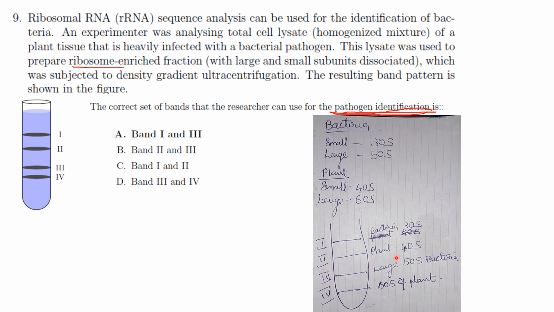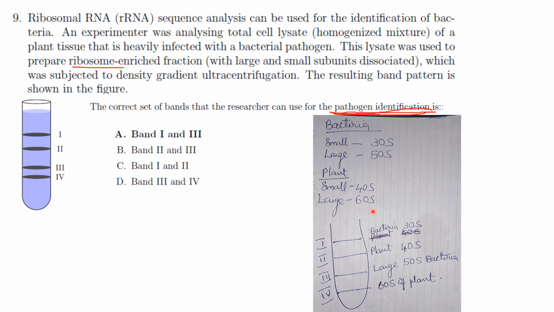The second will be the plant 40S ribosome. After 30, the next highest is 40. Then the next highest will be 50S of bacteria, and the next will be 60S of the plant. So here they have asked for pathogen identification, that is bacterial identification.